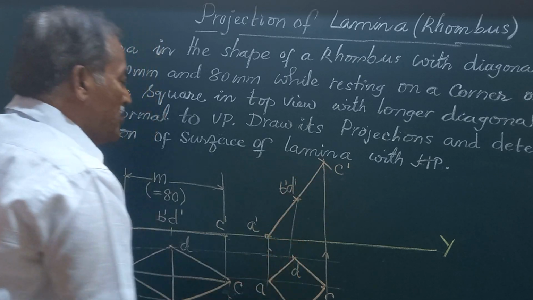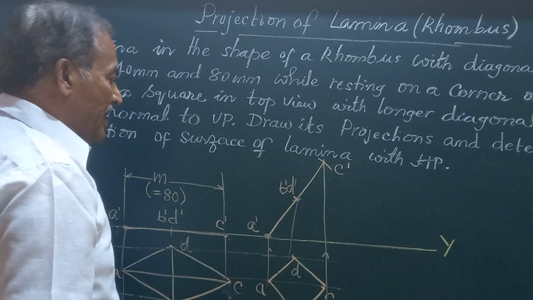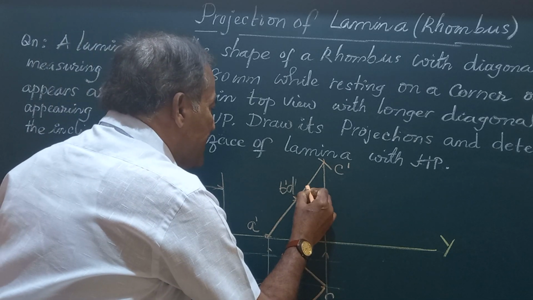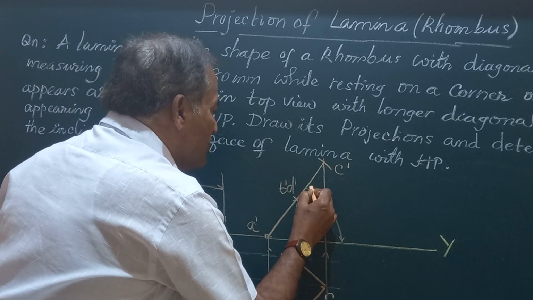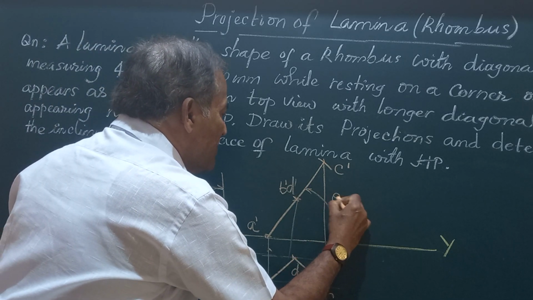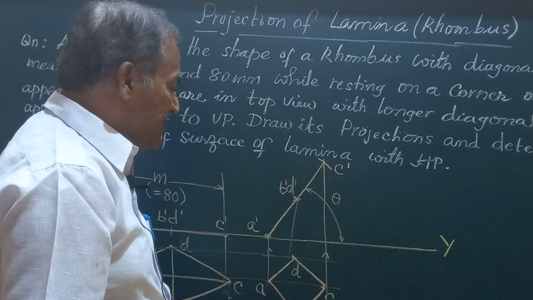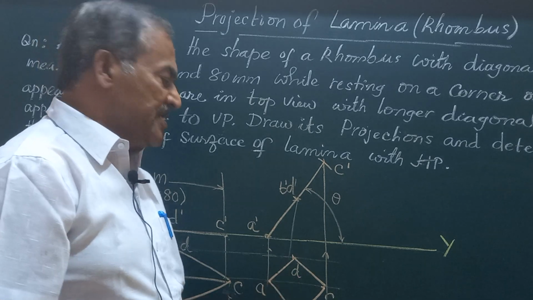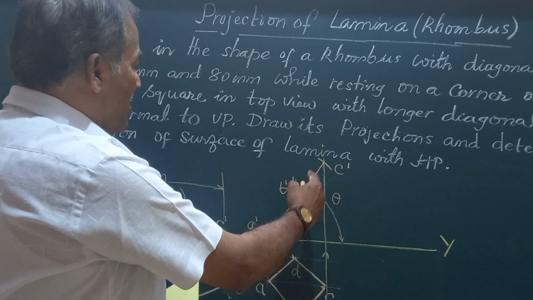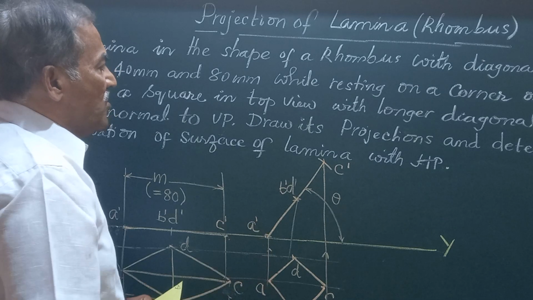This will give you the front view of the lamina, which will be making an angle theta with HP. So you will be able to measure for what value of this theta this appears as a square in the top view. Friends, we have got the front view, you have got the top view.